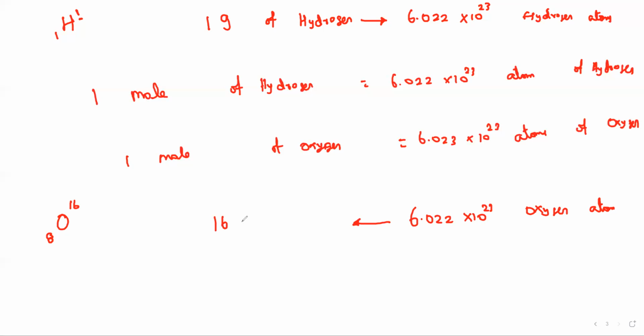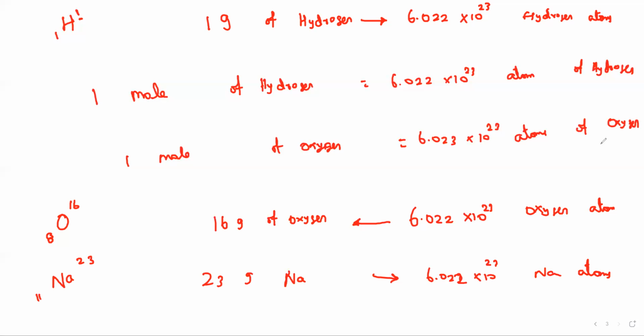The same way, if he took 16 gram of oxygen, he found that yes, we get the same number. For example, if you take sodium, the mass number is 23. If we take 23 gram of sodium, then again you have 6.022 into 10 to the power of 23 sodium atoms.